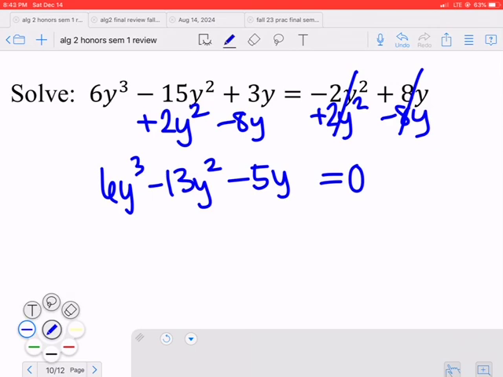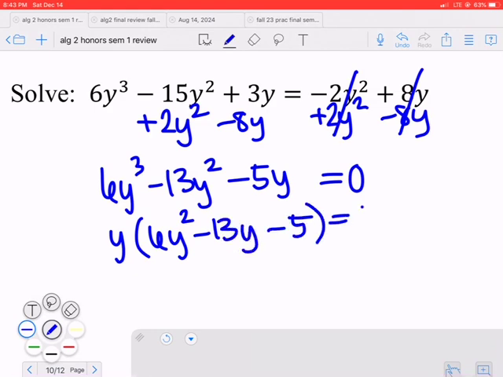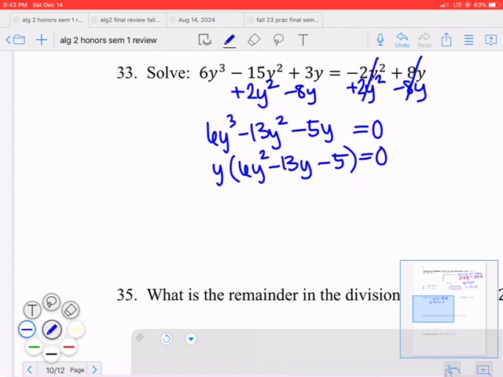Just moving up my answer document here. My computer's being weird. They all have a y, so I'm going to take out a GCF of y. 6y squared minus 13y minus 5 equals 0.